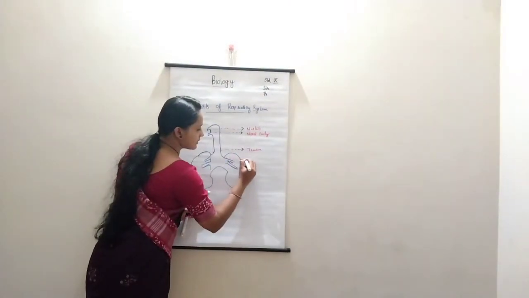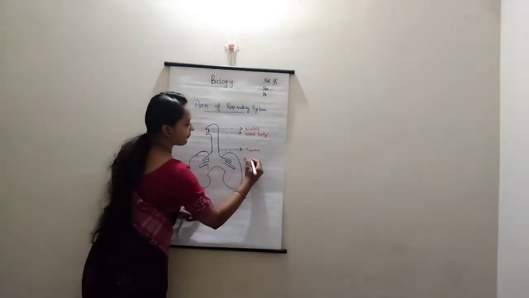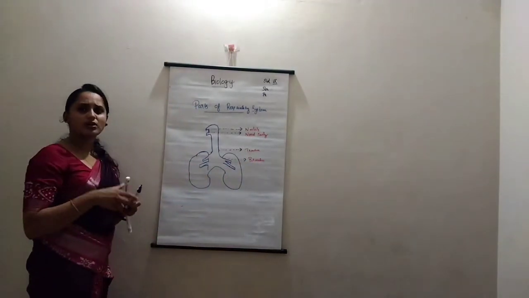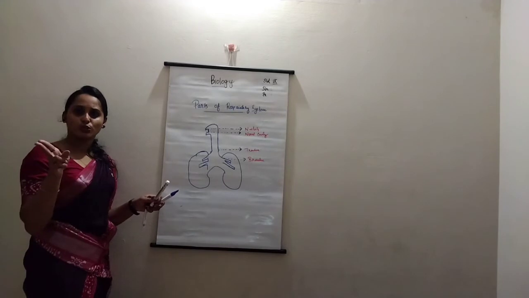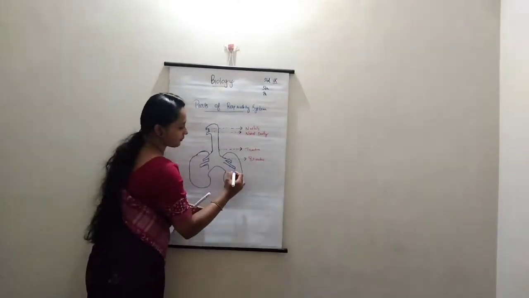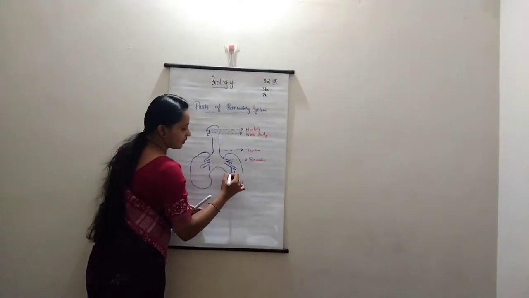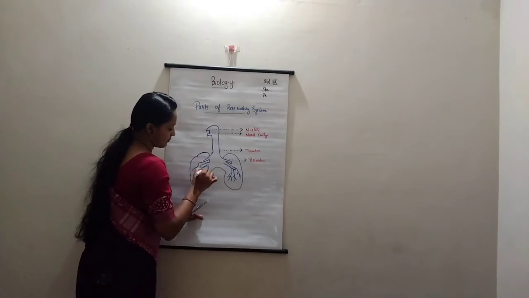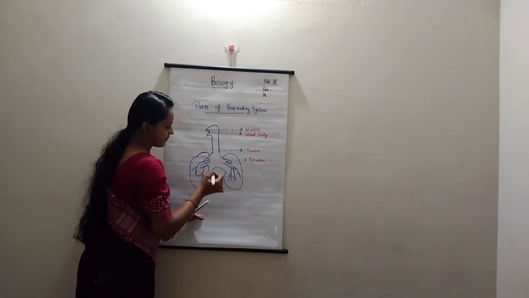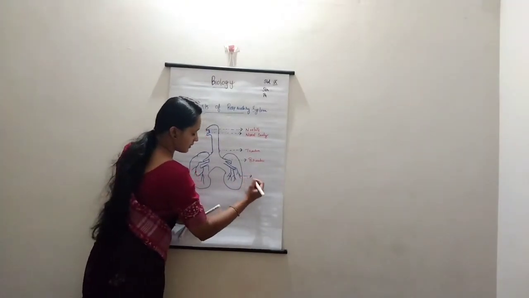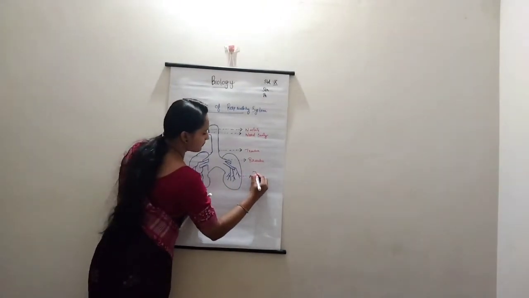So this is the bronchus. And the bronchus is divided into two. Yes, that is the bronchioles. So this is the bronchioles.